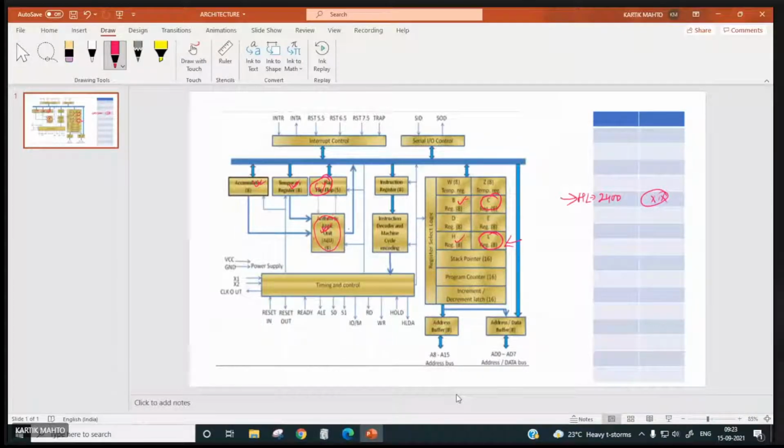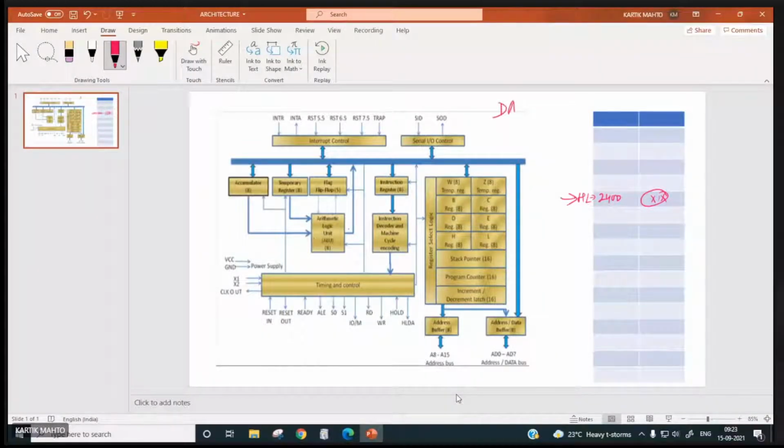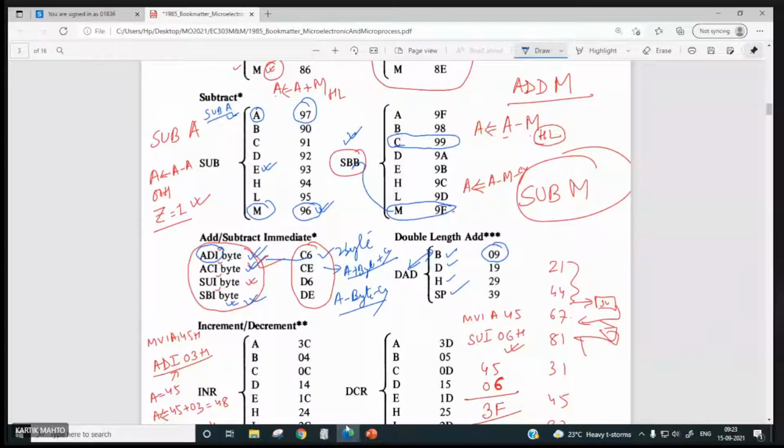Similarly, we have DAD D, DAD H, DAD SP. DAD B, DAD D, DAD H, and DAD SP. Corresponding opcodes you can see here: 0, 1, 2, 3, 9, 9, 9, 9.